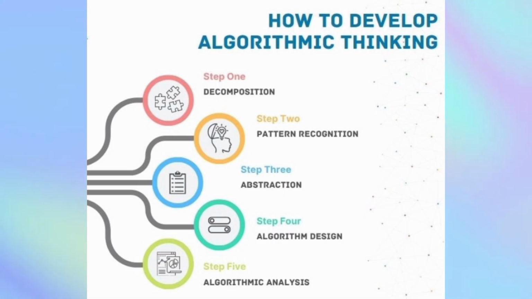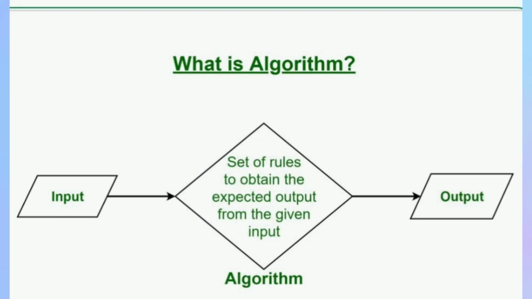These are the steps to develop algorithmic thinking. This is a diagrammatic representation. What is an algorithm? Input; a diamond shape is to check the conditions of the process, after that move to the develop step, and to get an output the shape is the same.